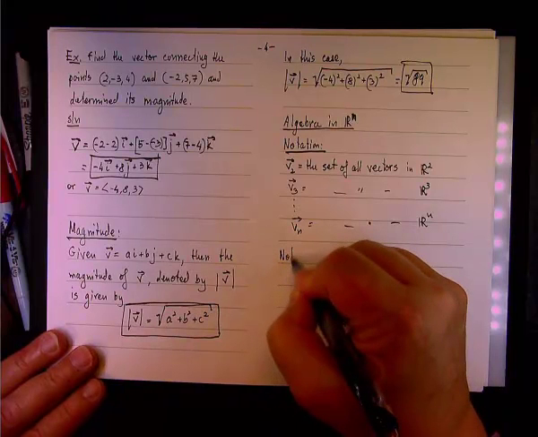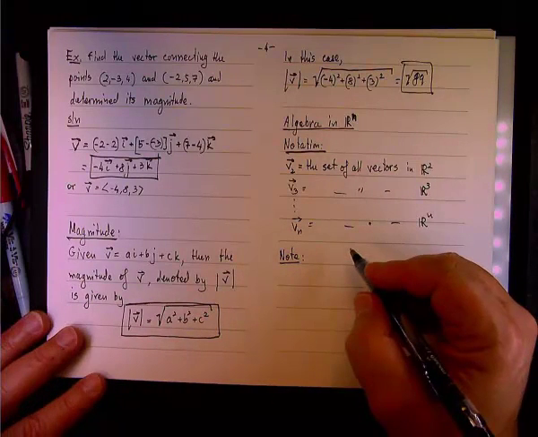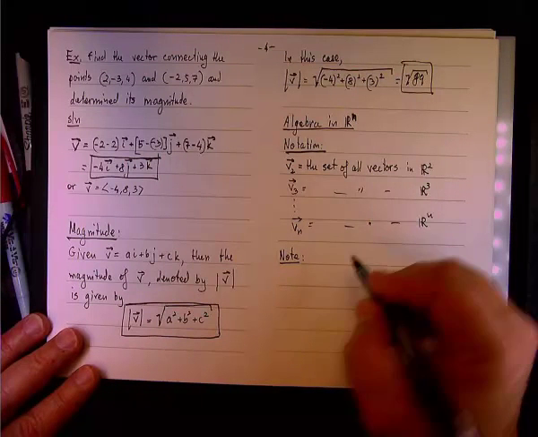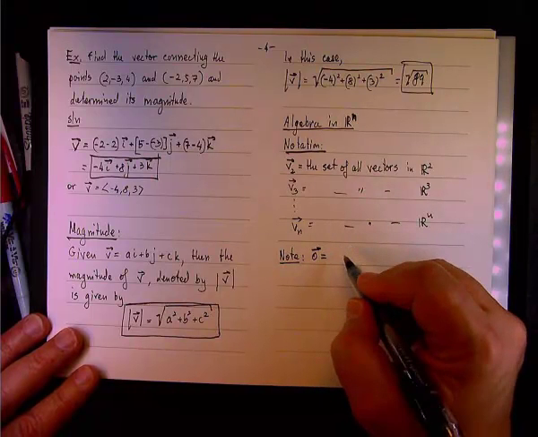Okay, an important note is to realize that there is something called the zero vector. The zero vector is the only vector that has no direction, and we denote it with 0 like so.